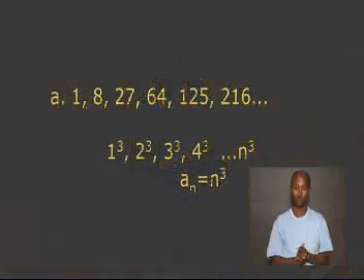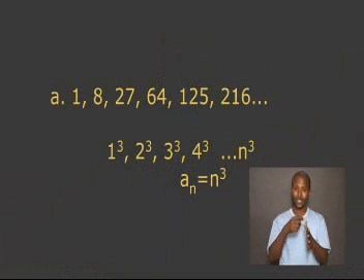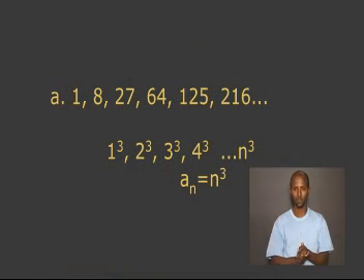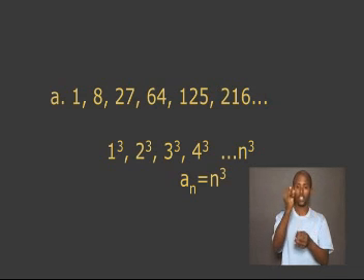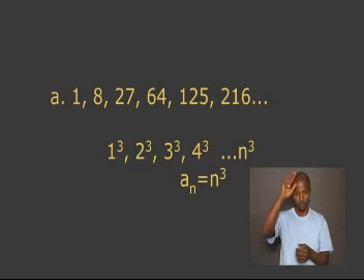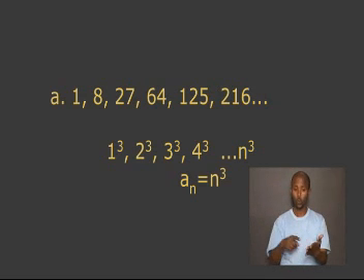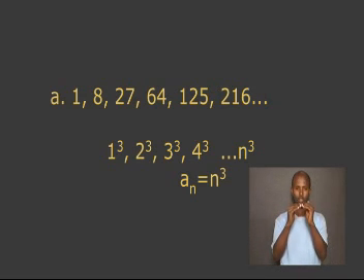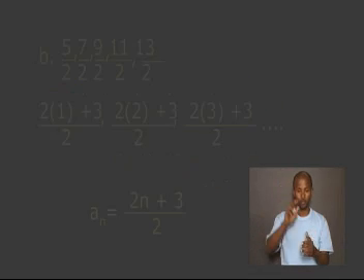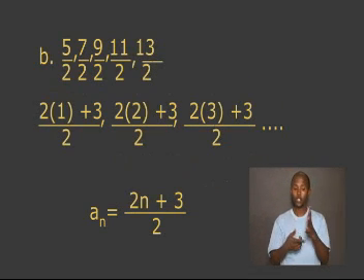Hello again, students. Sequence A was very easy to write a term for, was it not? It is increasing integers cubed. Therefore, we may write the general term as an equals n cubed. Sequence B is not quite as simple.